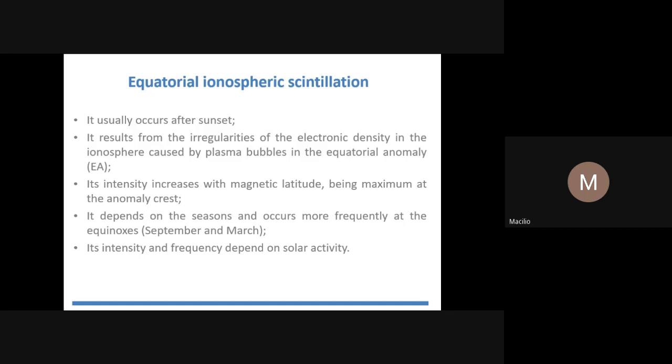During the daytime, normally we don't have scintillation. The scintillation appears only after sunset. And in this case, the irregularities in the ionosphere are due to plasma bubbles. Plasma bubbles are big regions where the electron density is less than in the rest of the ionosphere.